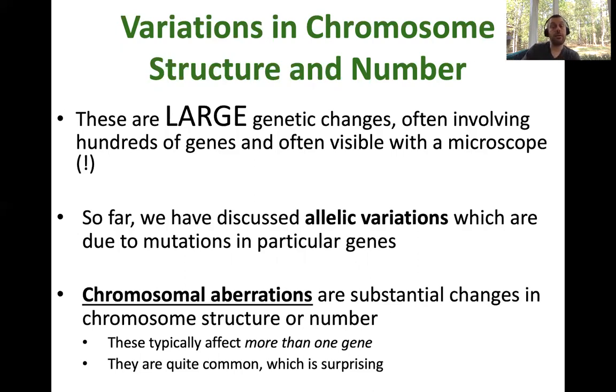In fact, we're talking about changes that are so big, you can actually see them with a light microscope. So very large changes. These are so-called chromosome aberrations. And surprisingly enough, they're actually pretty common in the human population and indeed in biology in general, which is kind of surprising when you think about it.